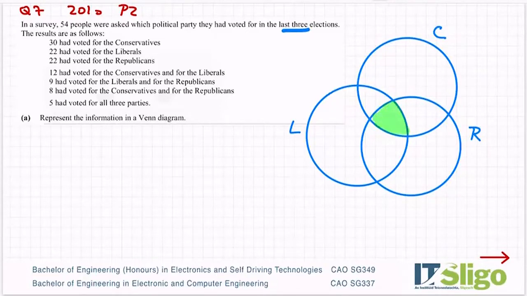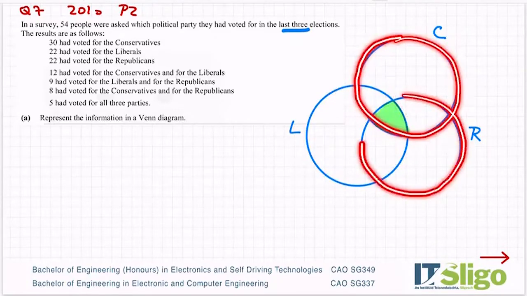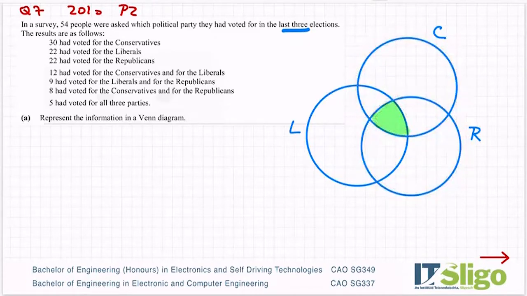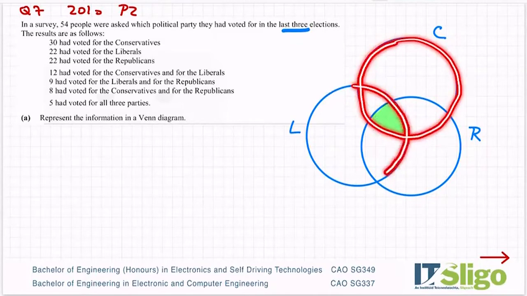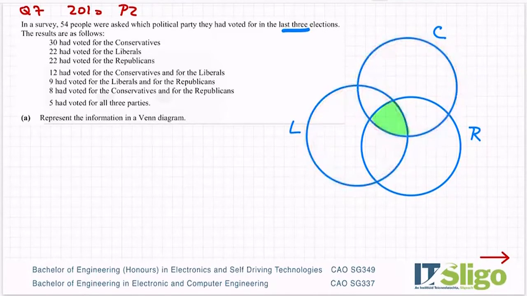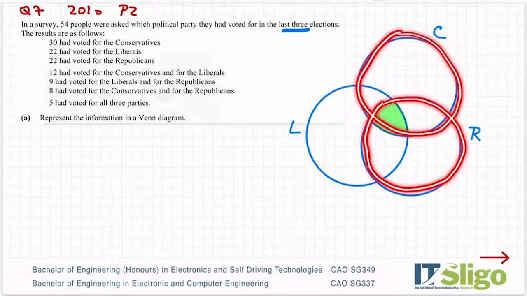Now let me draw the Liberal circle. You can see that green part is part of it. It's part of the Conservative circle. It's part of the Republican circle. It's also part of where Conservatives intersect with Liberals. Do you see that? It's half of the intersection. It's also half of the intersection of Republicans and Conservatives.